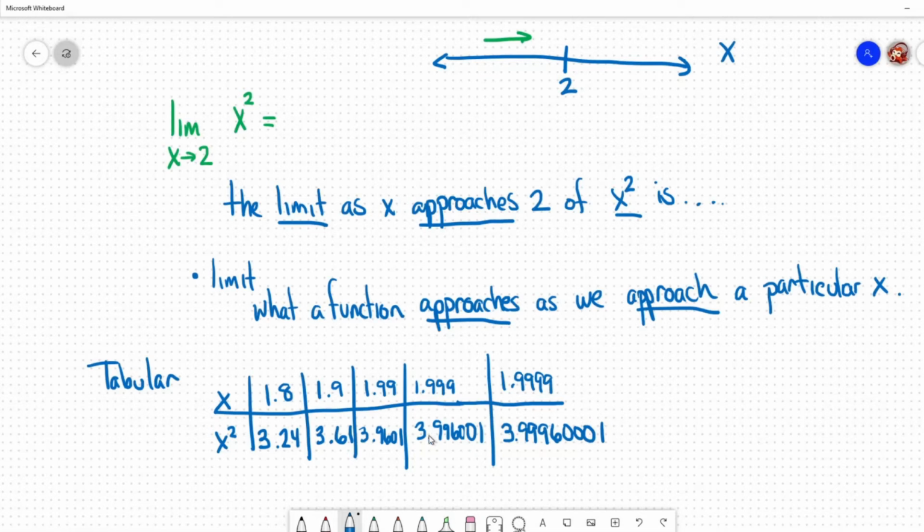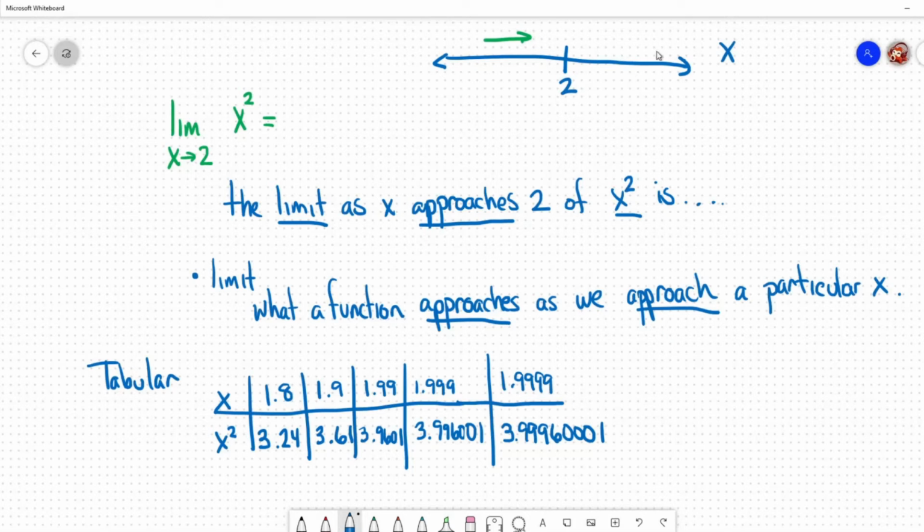So you see, I now got an extra 9. If I keep tacking on 9s, this is just going to keep saying 3.9999999999999. So what is it approaching? As I come from this side, it seems that x squared is approaching the value of 4.